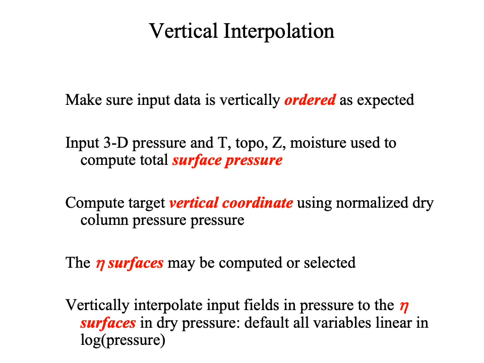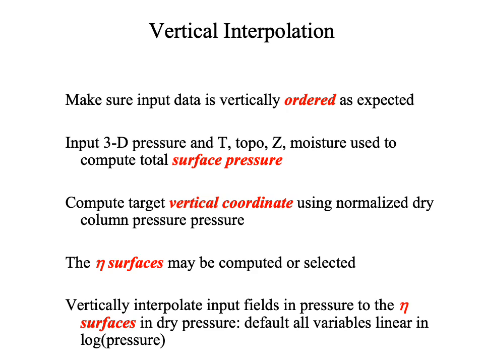So to compute the interpolation for pressure, we need to be able to compute what the surface pressure is going to be in the WRF model. So we have input temperature, topography, height and moisture, and we use those to compute a surface pressure field for the WRF model.